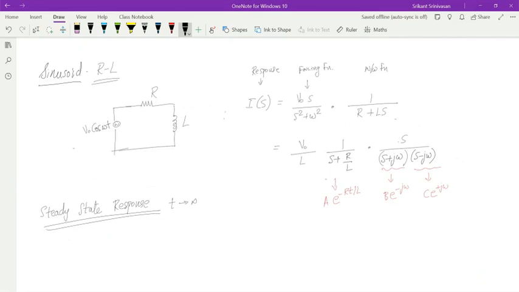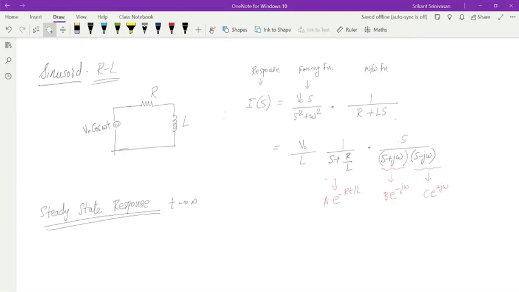That means I'm trying to find out in steady state what the response of the circuit is. Since the input is a sinusoid and it keeps varying, you expect that the current through the circuit will also keep following the input, because the input is continuously varying.